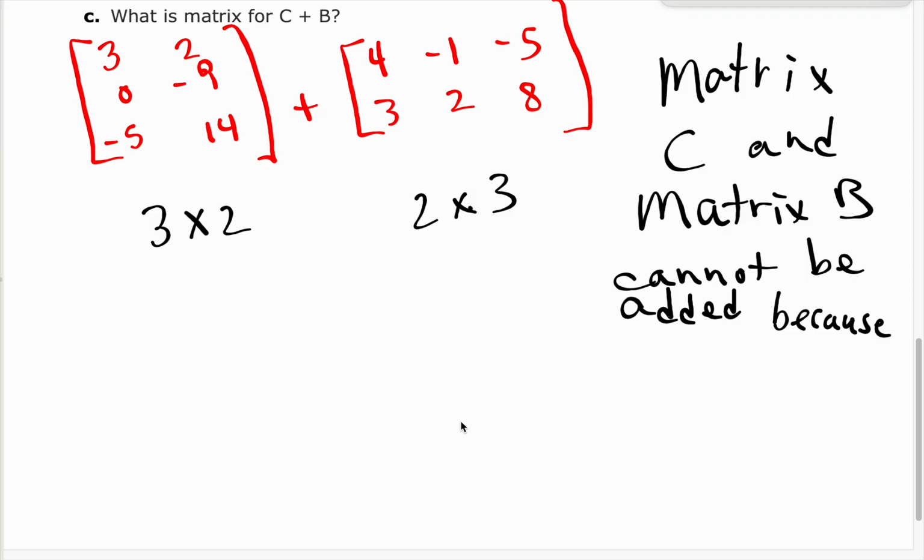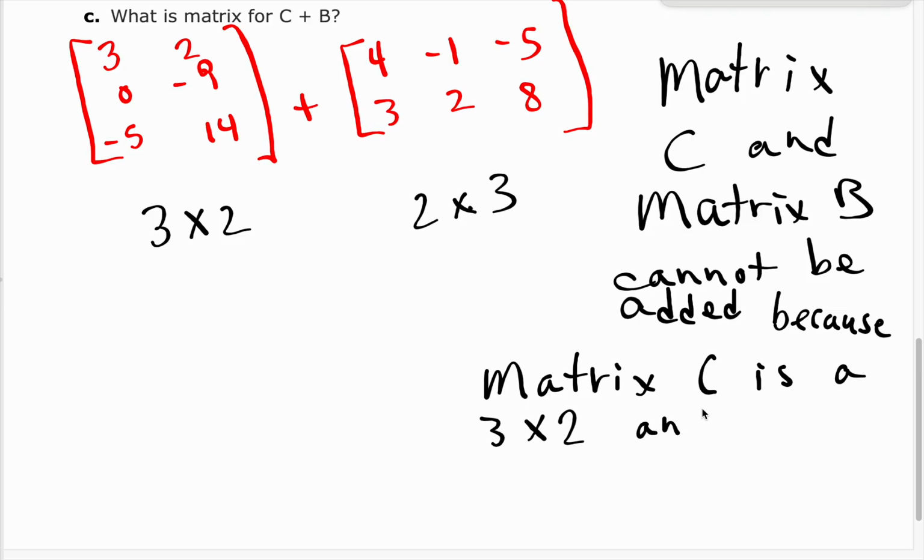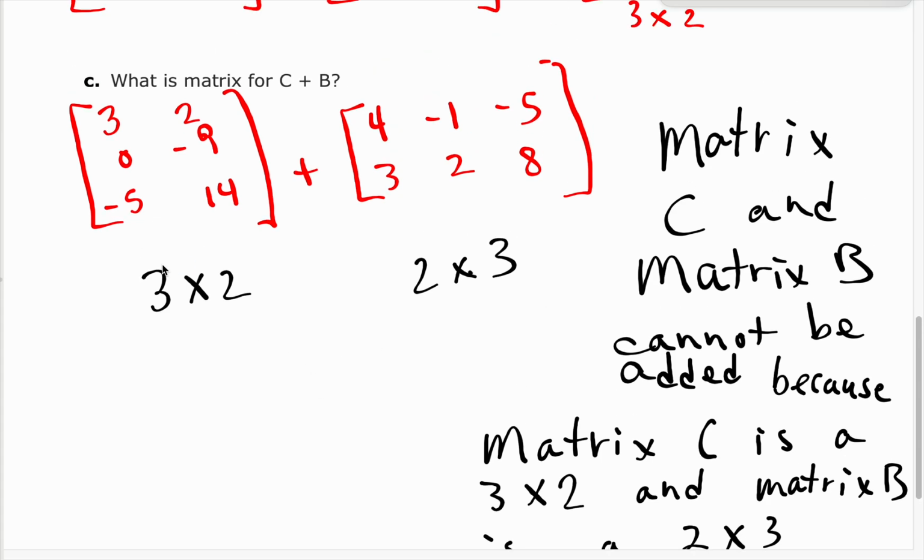Because matrix C is a 3 by 2 and matrix B is a 2 by 3. In order to add or subtract matrices, the dimensions, the rows by the columns have to be identical.